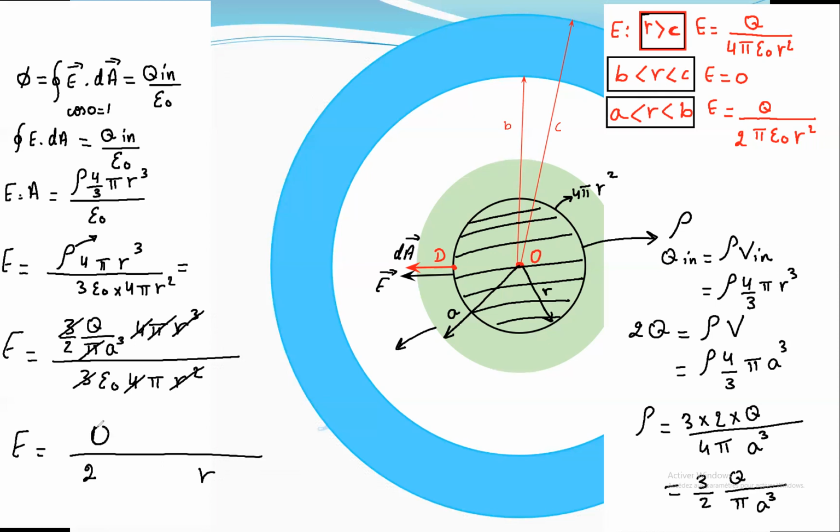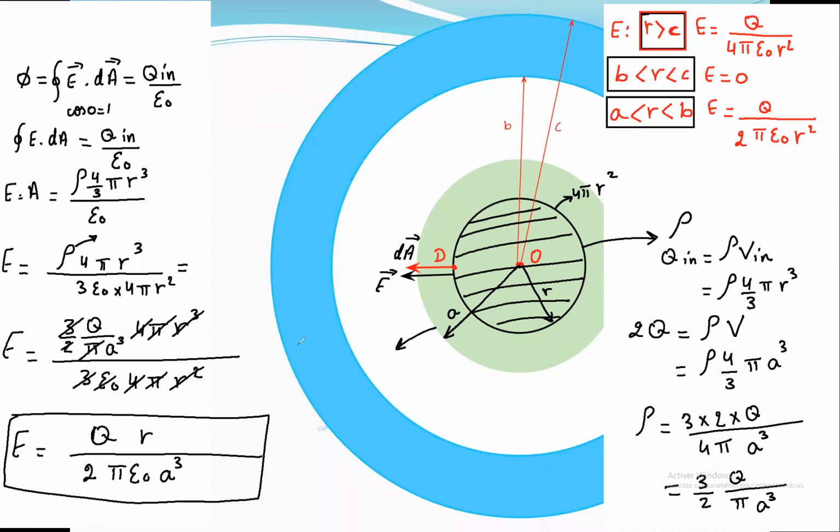So we have q divided by 2 pi epsilon 0 a cube. Excuse me, r is up, is here. This is the final answer of E.